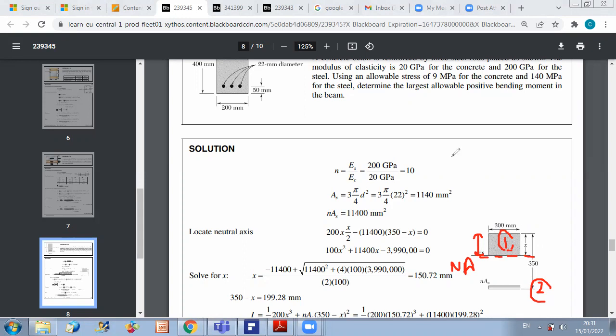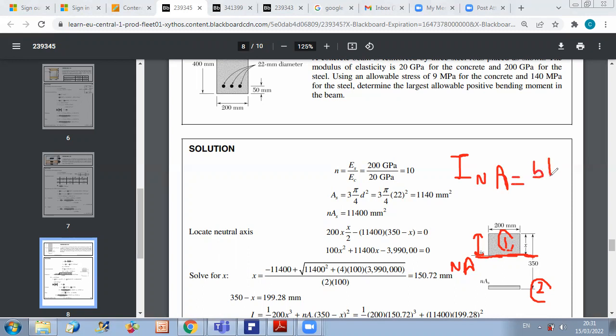So you can directly apply, or you do the parallel axis theorem, or because for a rectangle, it's a known value. If you take the axis passing by one of the sides of the rectangle, then you can say automatically that the inertia about the neutral axis is equal to bh cubed over 3.